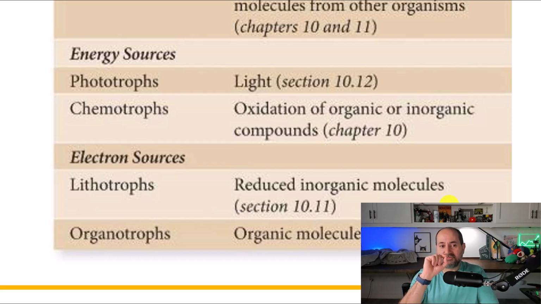That's where we get our electrons from for the electron transport chain. So we are organotrophs. Plants, on the other hand, did you know that plants need electrons too for photosynthesis? And did you know plants take electrons from water, right? So is water inorganic? Yes. So plants are lithotrophs because plants get their electrons from water, and water's inorganic. Whereas you and me are organotrophs because we get our electrons from organic molecules.